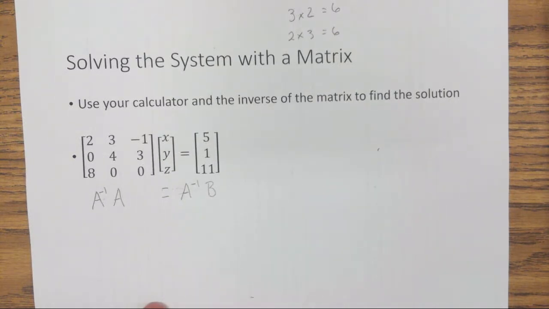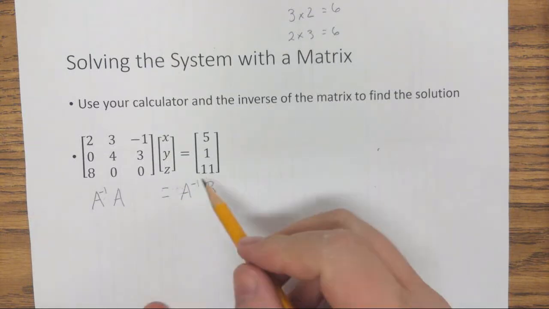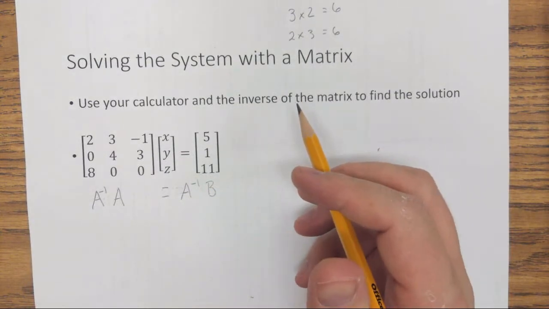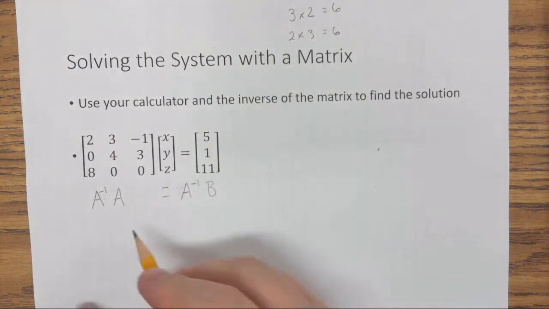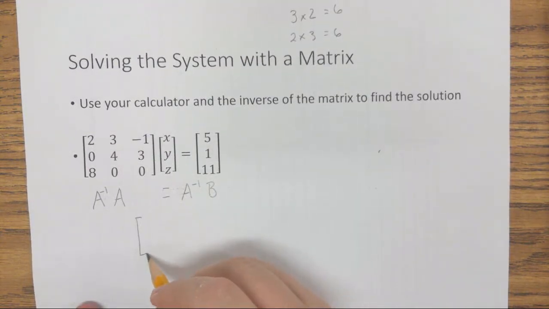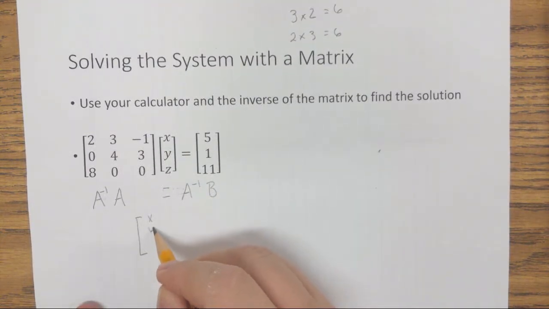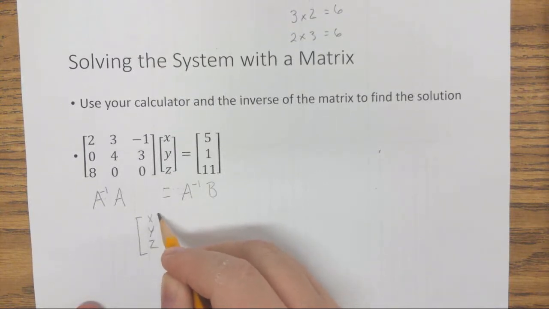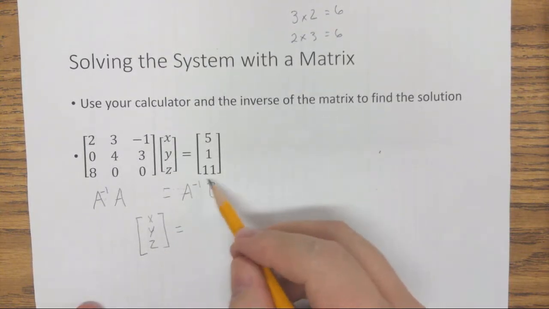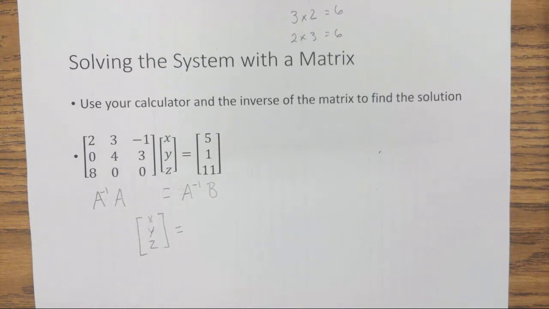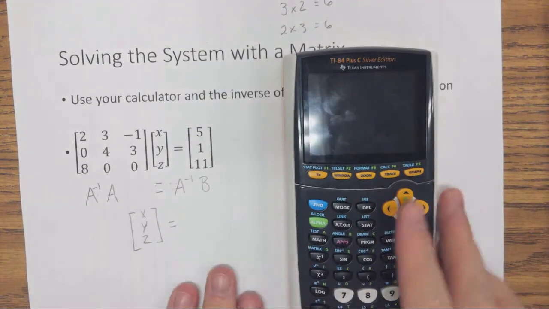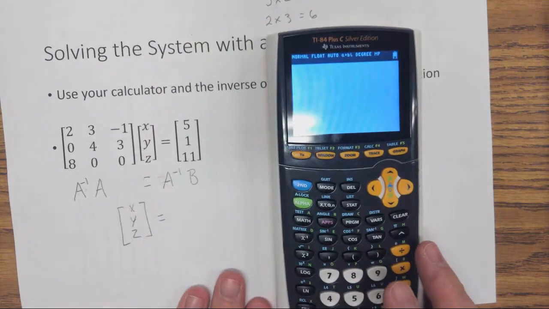Okay. In any case, this is going to give me the solution to my system. It's going to give me the solution for this X, Y, and Z is going to be equal to whatever this is. So let's put this in our calculator, make our lives easier on ourselves.